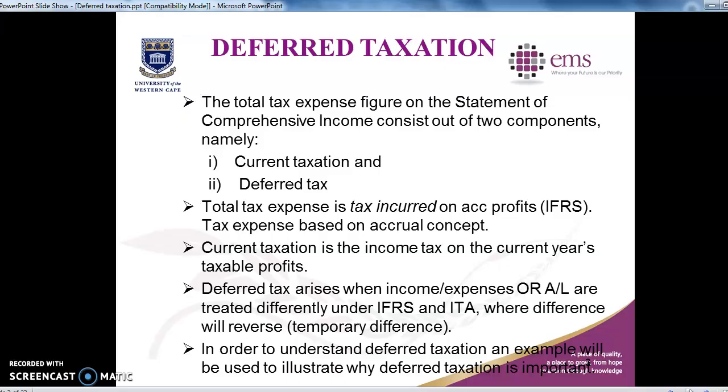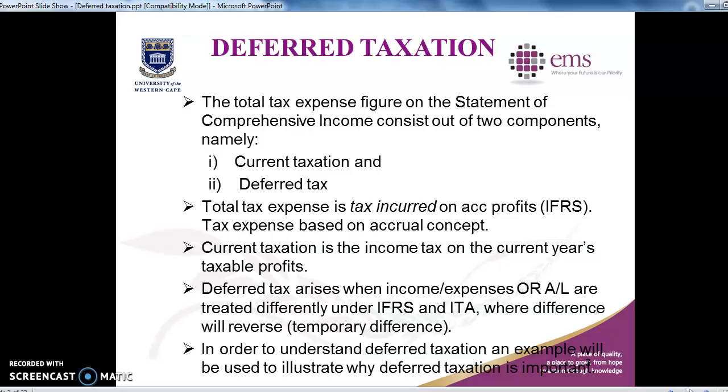Total tax expense is based on accounting profits and is calculated using IFRS. Our current tax is calculated based on our taxable income and is based on the tax legislation. So now we can do some easy math: total tax expense minus current tax will give us our deferred tax.